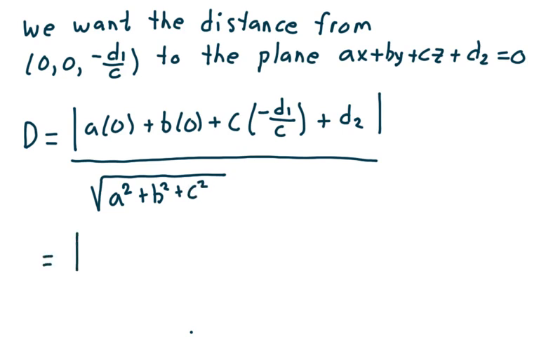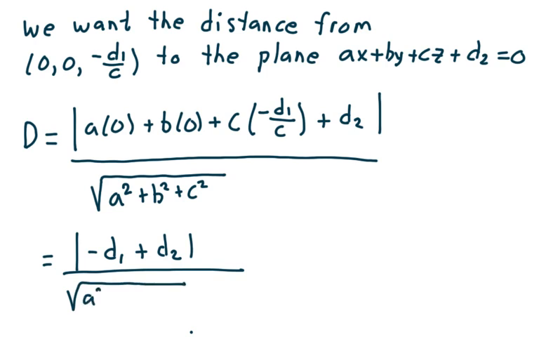So this is the absolute value of negative D1 plus D2 divided by the square root of A squared plus B squared plus C squared.